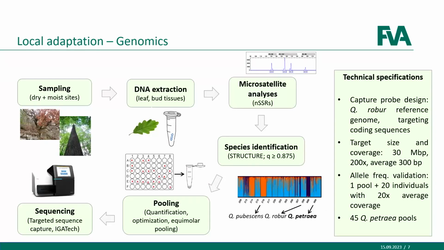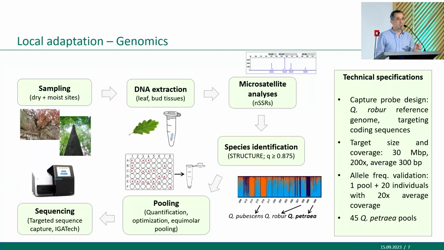In order to address local adaptation, we had a genomic approach based on pool sequencing, and we had mostly relict stands, but as I mentioned in the beginning, we paired some of them with some humid sites situated closely to the relict stand.